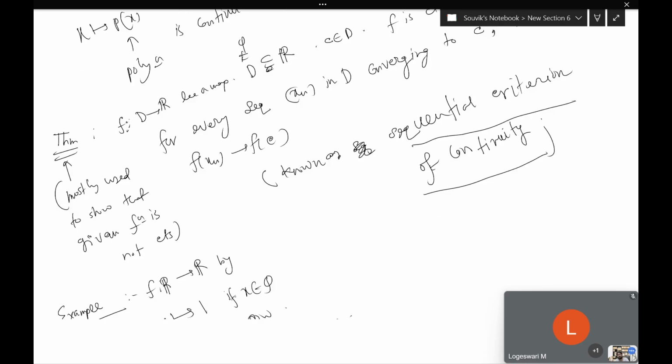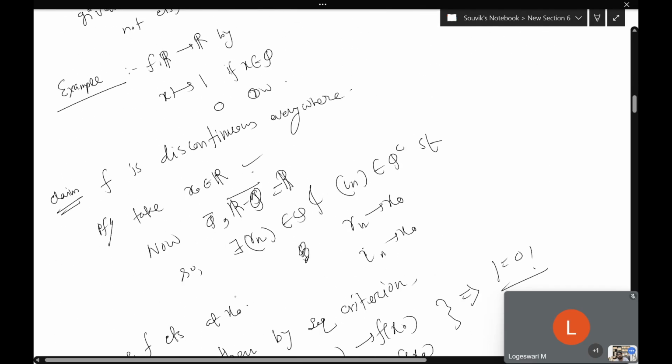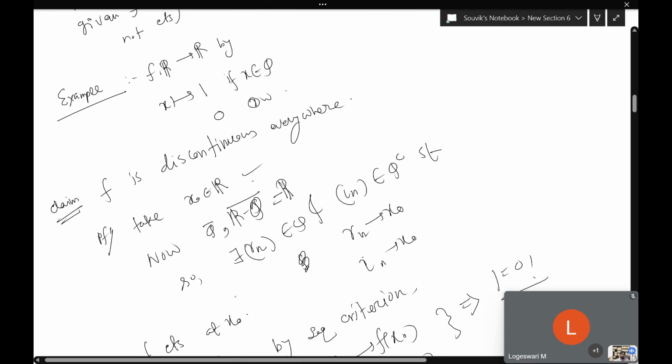This is known as the sequential characterization of continuity. Okay.